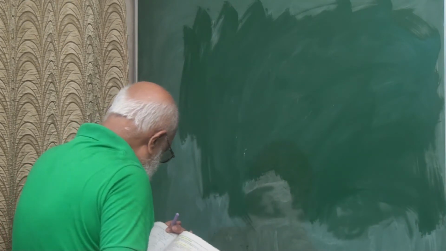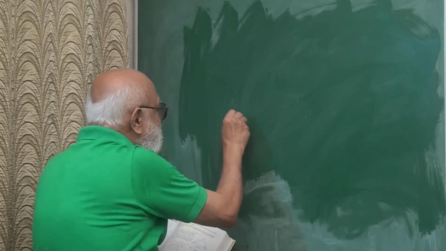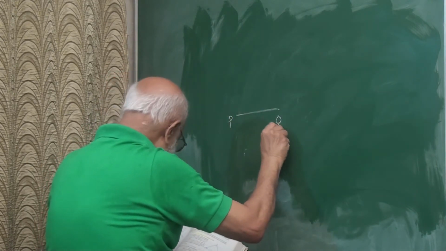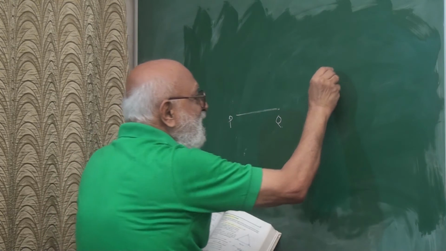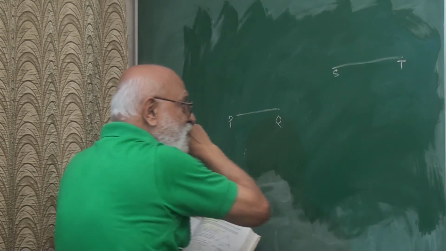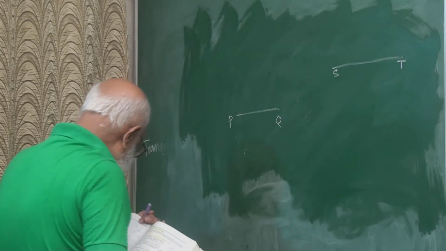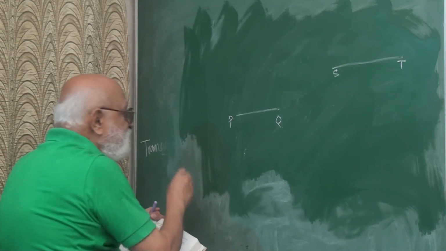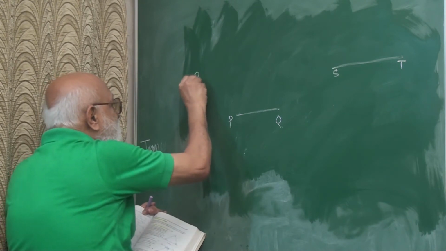Okay, there is another problem. This says PQ, and then another line ST from a distance, not connected, just below it. It says PQ is parallel to ST. Let me write down these things first.